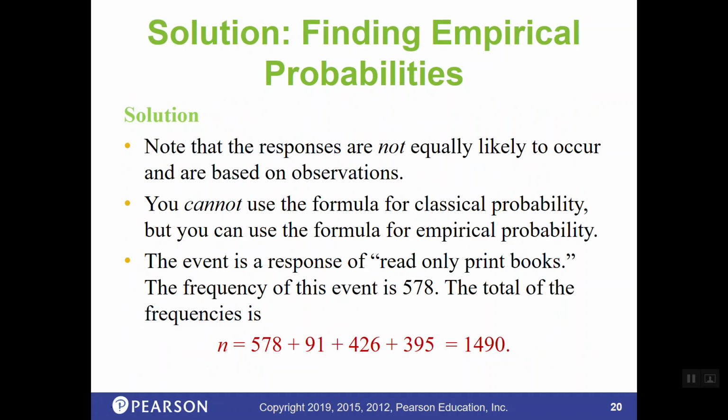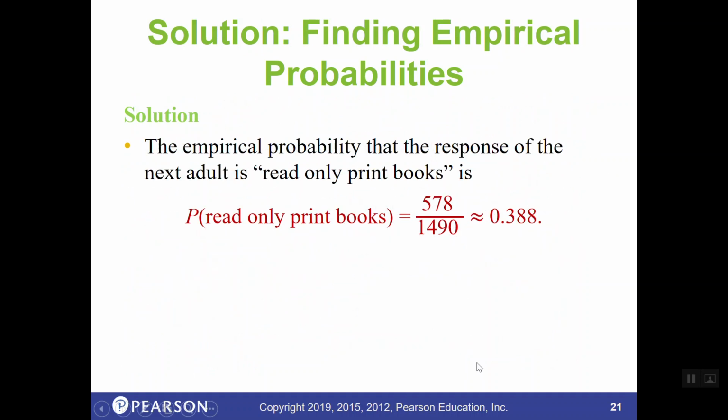The event is a response of read-only print books. The frequency of this event is 578. And then the total of the frequencies will be the sum of all people that were surveyed. And remember that it was 1,490. So the empirical probability, again, we have to use empirical because the pie was not divided equally.